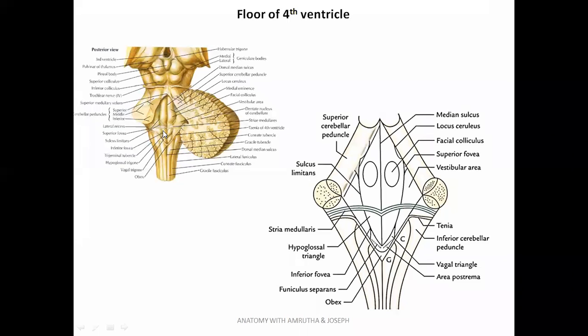So if you look at this area, this is the hypoglossal triangle. I'm sorry, yes, here it is. Hypoglossal triangle in the upper part, and in the lower part you can see the vagal triangle.